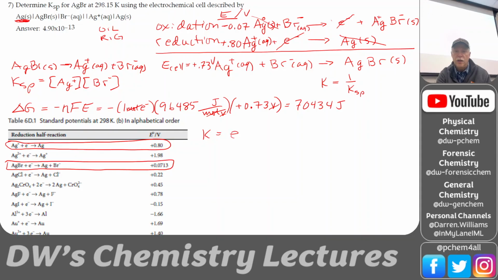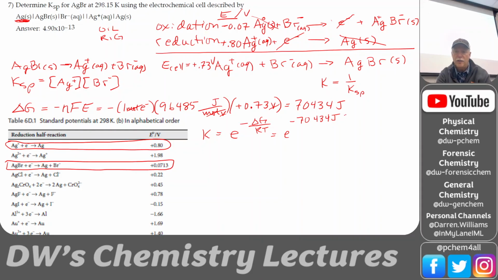So it's e to the, it's like the Boltzmann distribution, right? The energy difference though is the delta G over RT. And we could say joules per mole just because it was for like 1 mole of silver bromide.